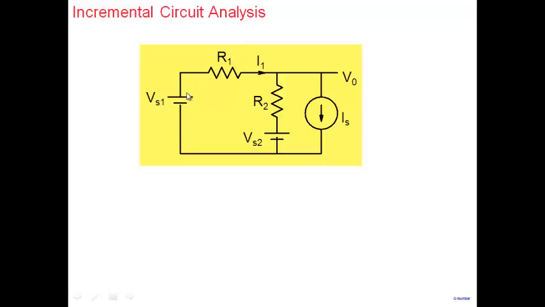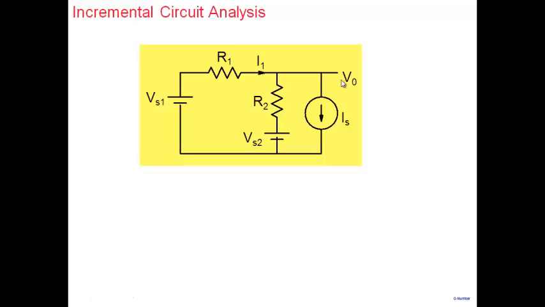We can take any example. We have a circuit like this, an arbitrary circuit, with some voltages and currents. Let's say we've already analyzed the circuit once, which means we have the value of the current and the value of the voltage available to us.